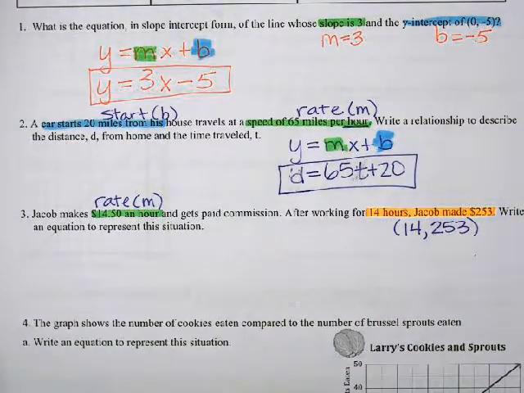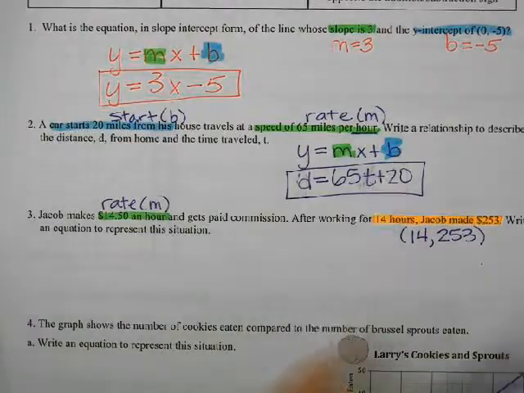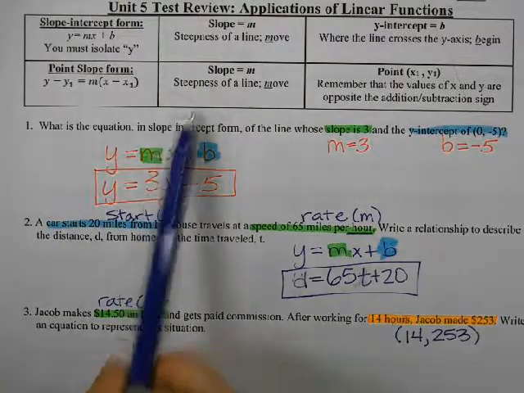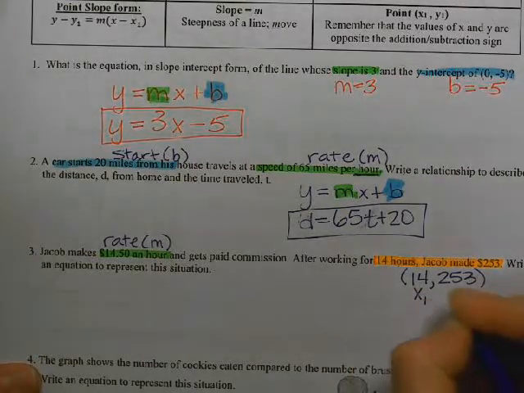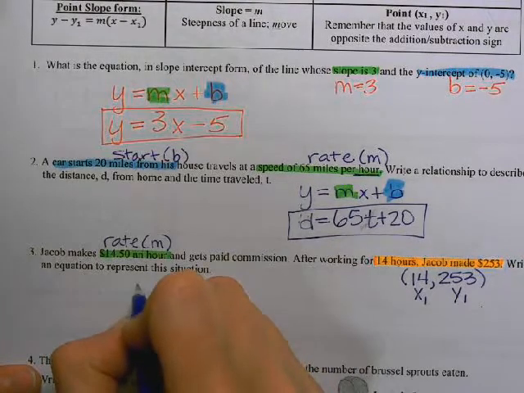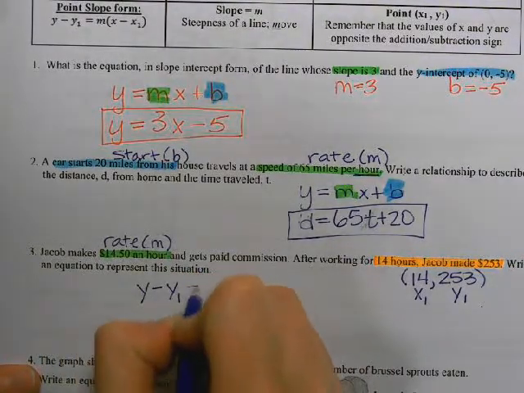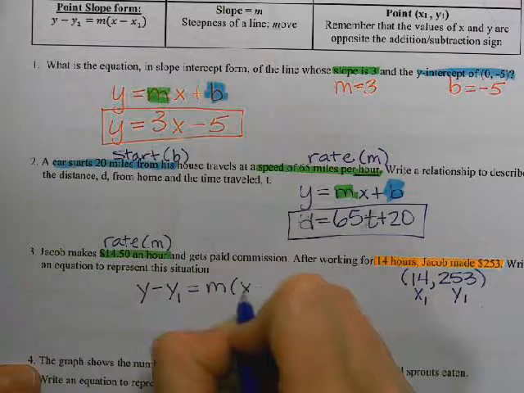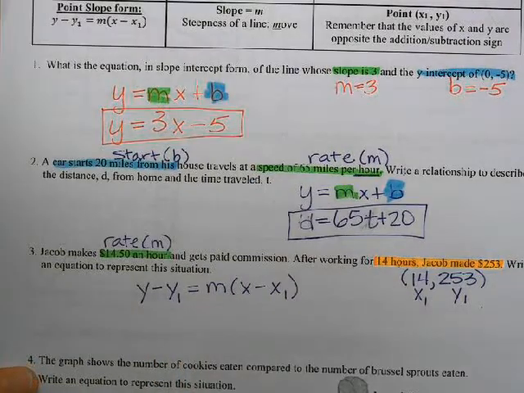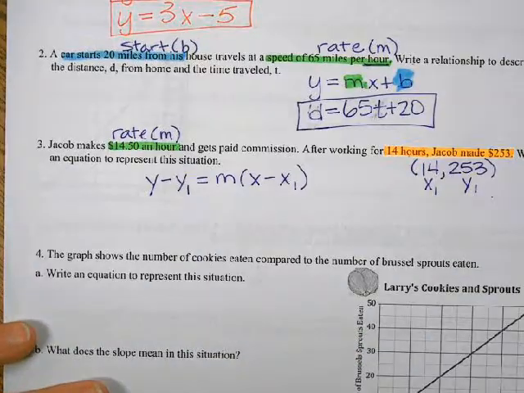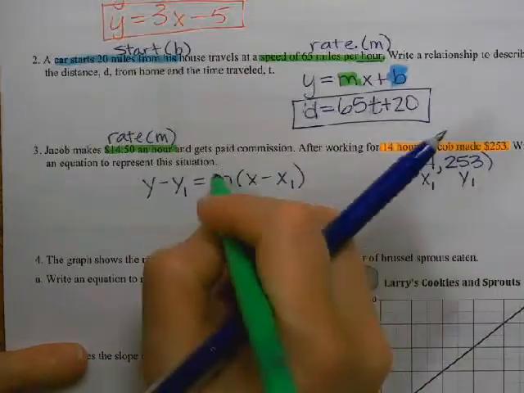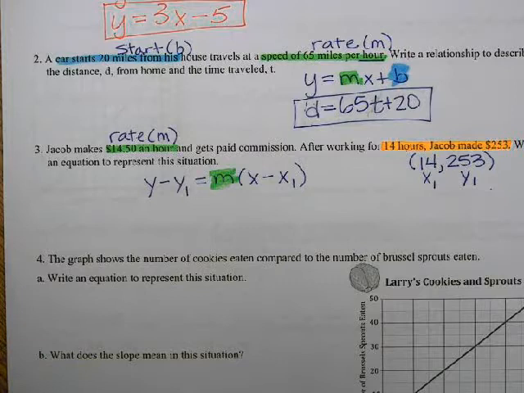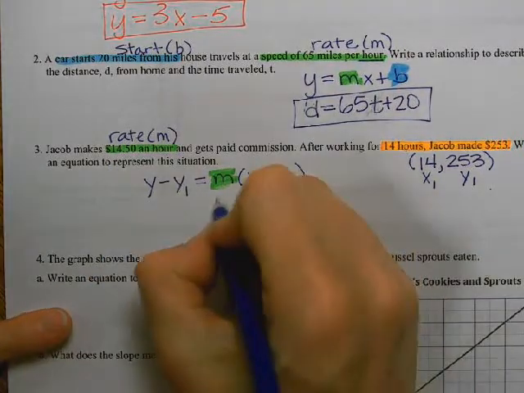So instead of using y equals mx plus b this time, now we're going to use point-slope form, where we have the slope and a point. This is x1, this is y1. So we say y minus y1 equals m times x minus x1, and we write our equation. I can fill in m because m is right here in the equation, and we know it's $14.50 an hour.